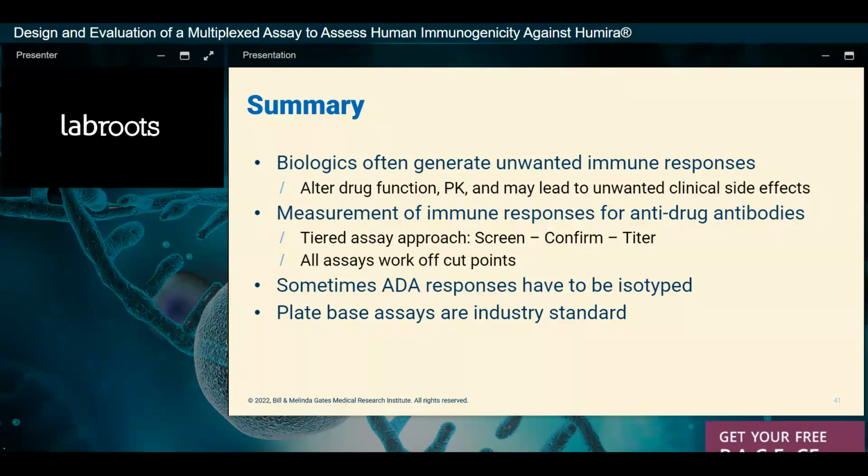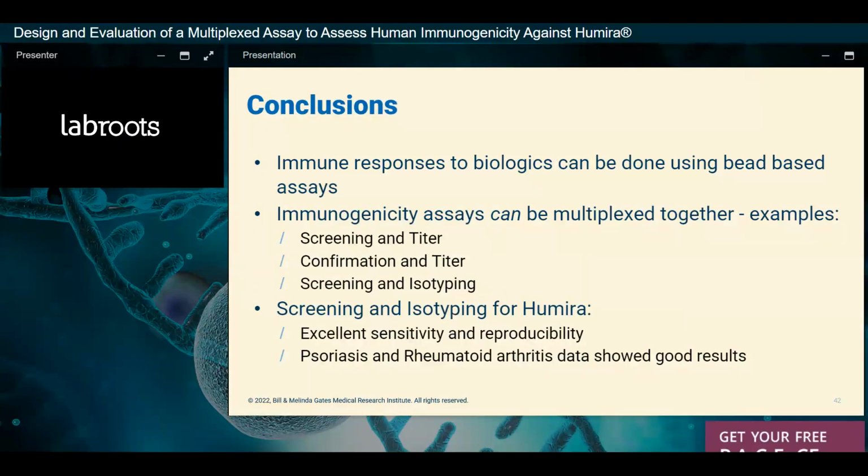Occasionally, if there are certain clinical responses being noted, isotyping has to be done in addition to that. And the other thing that we talked about was that there was an industry standard for using plate-based assays. But I just showed you that they don't have to be plate-based. They can be done on something like a Luminex platform.